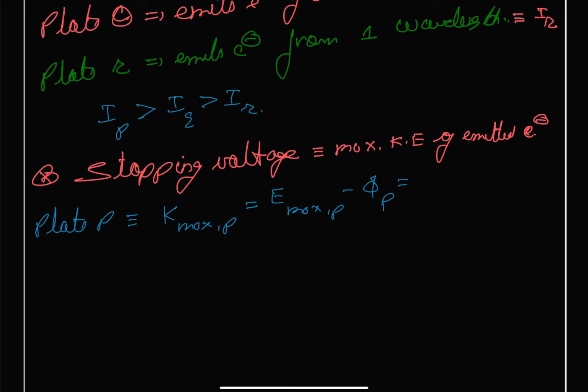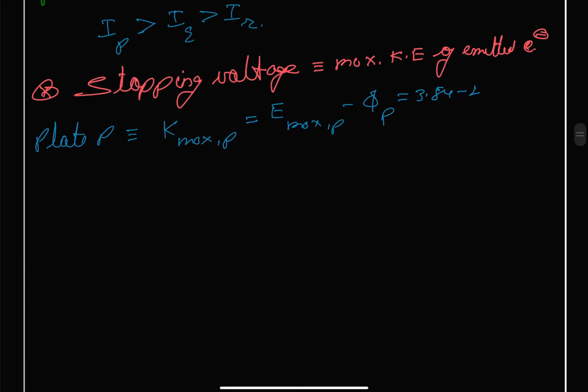This gives us 3.54 minus 2, so we get K maximum for P plate will be equal to 1.54 electron volt.